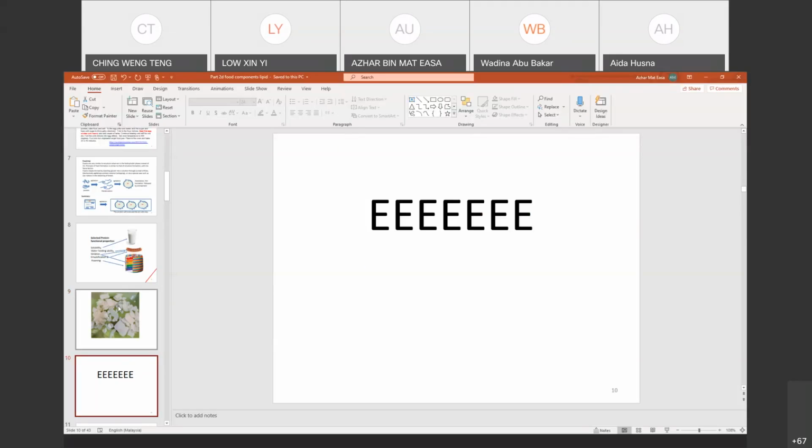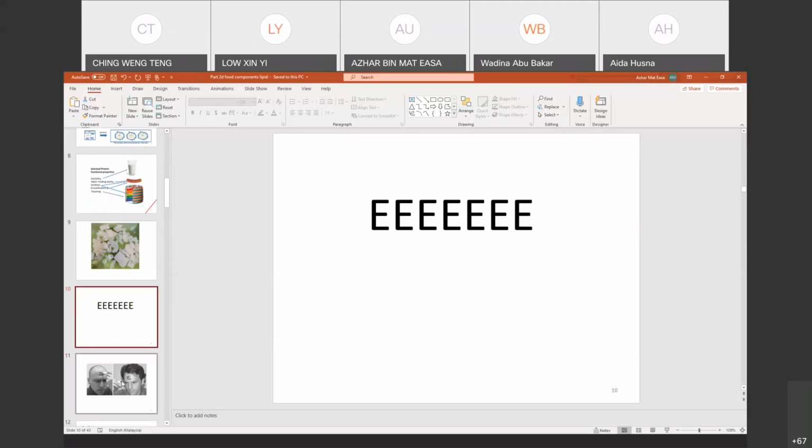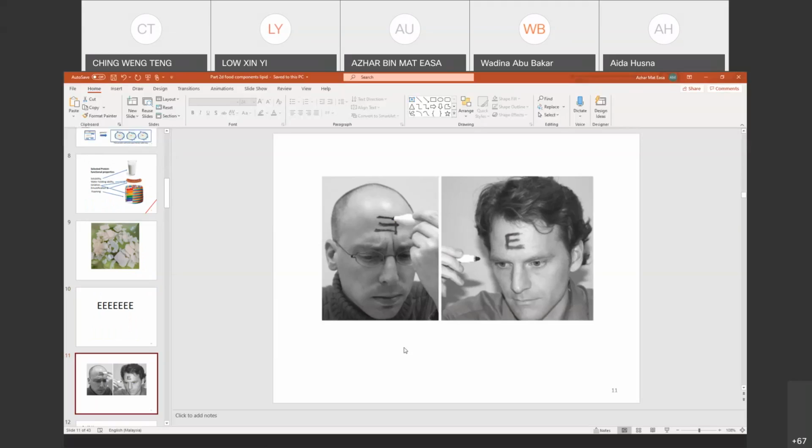Okay, done? All right, depends on your empathy. Some people will write E like this guy on the left, some will do it correctly, like the E on the right. On the right is supposed to be this E.